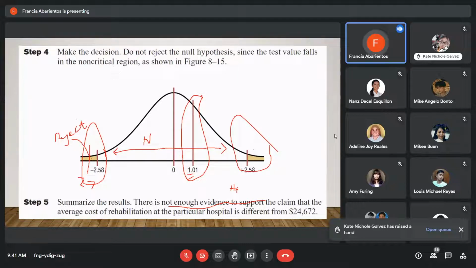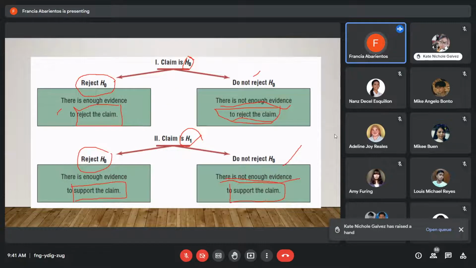You need to study whether it falls under this notation, whether you reject the null hypothesis or do not reject the null hypothesis. Okay?